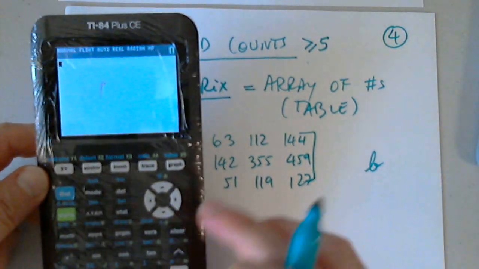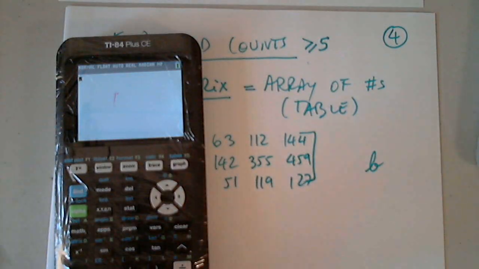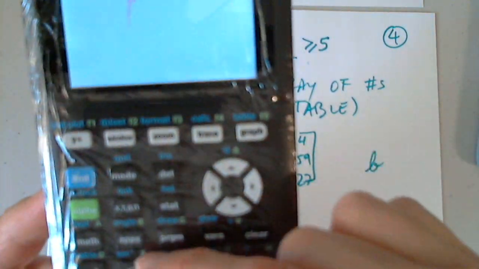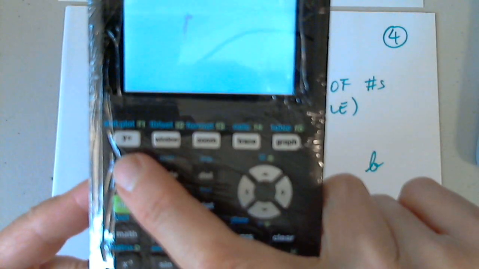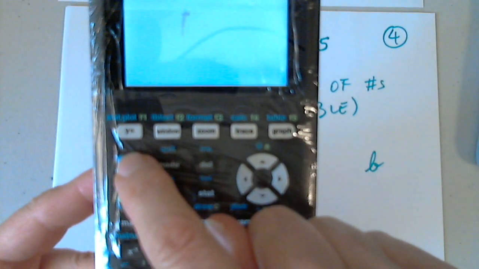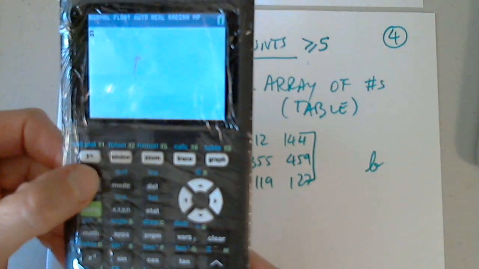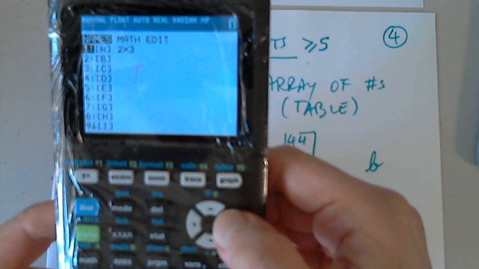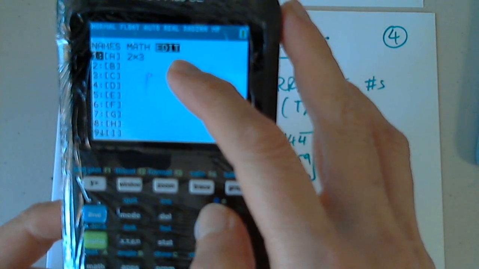Where do I enter this matrix? See, the matrix is in my calculator in blue, so I have to activate it with the second key. Anything that is in the background needs to be activated with the second key. So we go to second and matrix, and we will go to edit.